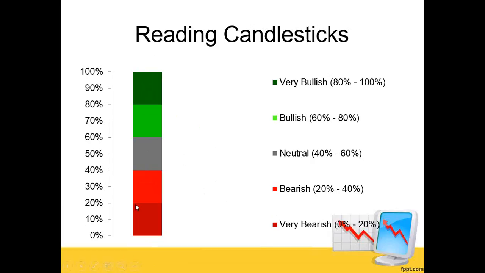If it closes around 20 to 40%, that would mean that it's already bearish, not really strong, but bearish. If it closes 20% and below, the candle is very, very bearish, meaning there's a lot of selling pressure during that particular time frame.